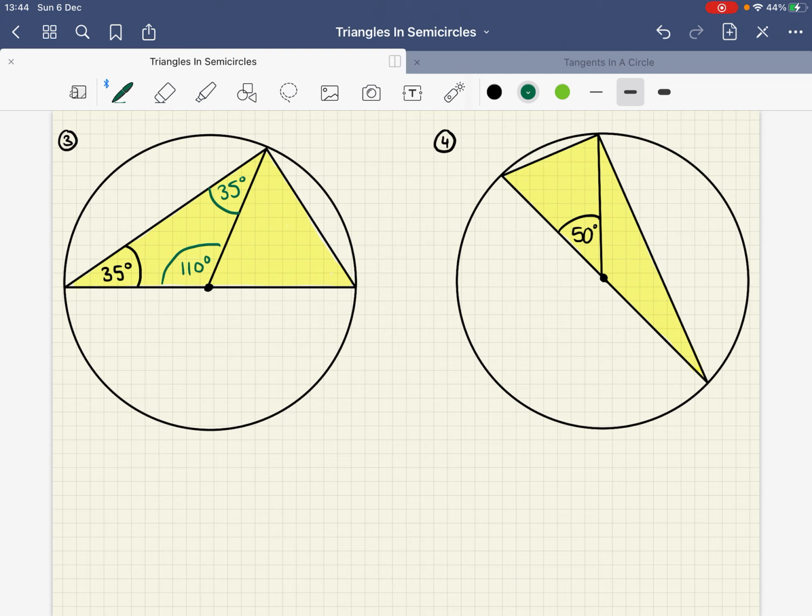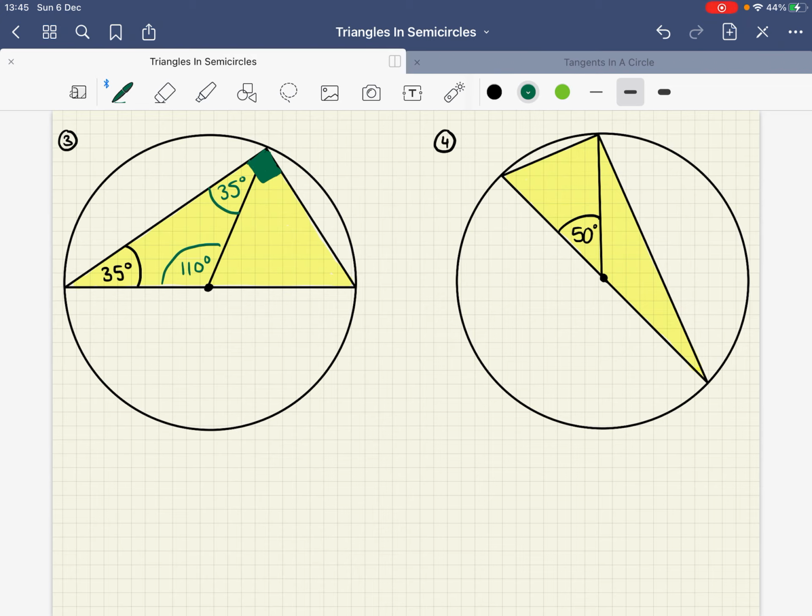Now I can go about this in different ways. I could just focus on the fact that I've got this angle on a straight line there, and I could use that knowledge to find out the angle on this other side. But what I'm actually going to do is use the fact that this bit here is going to be at 90 degrees because it's opposite my diameter line.